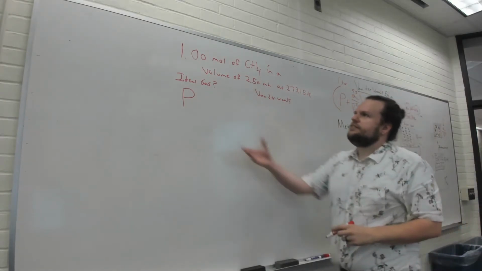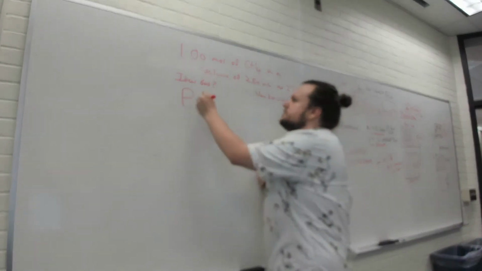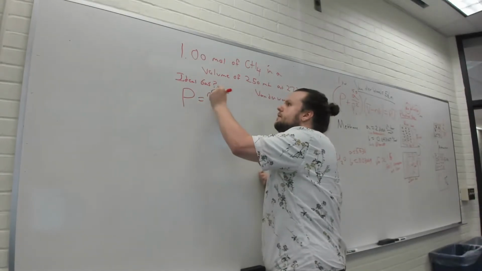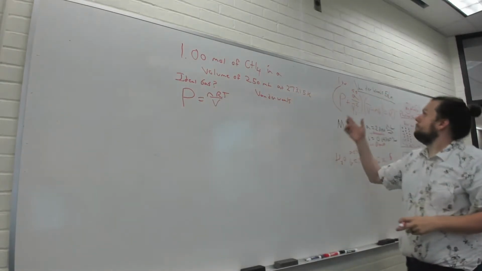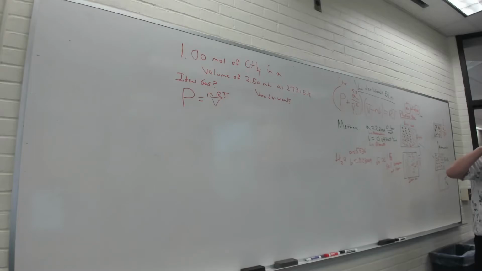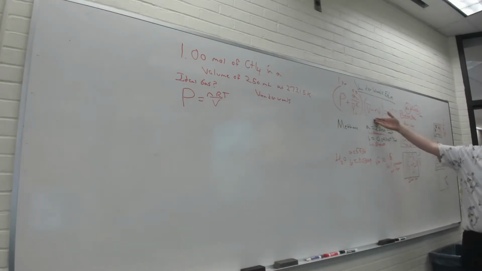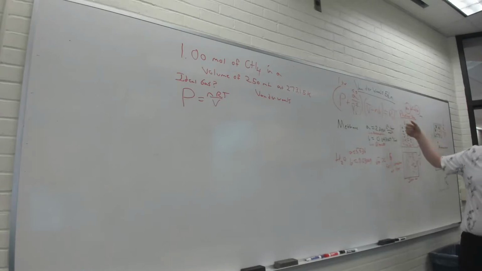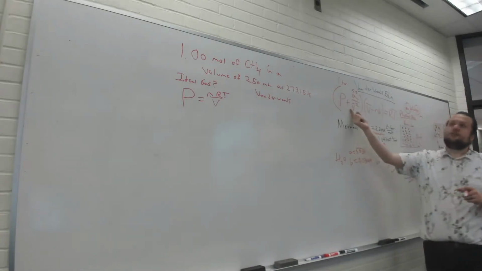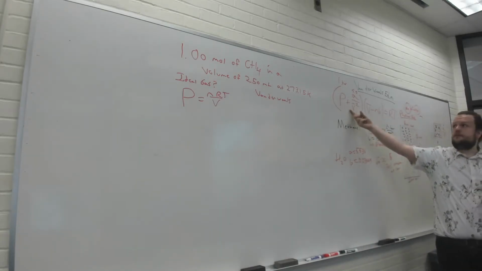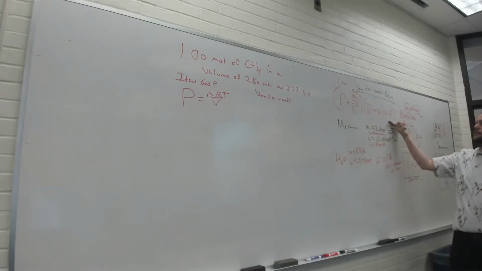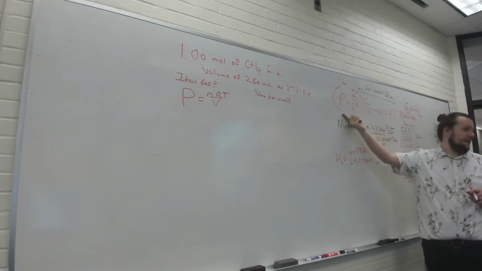So it's easy to solve for the ideal gas. It's nRT over V. In order to solve for pressure for a van der Waals gas, we have to do a little bit of algebra. We divide both sides by V minus nb: RT over V minus nb, then we have P plus a over V squared.